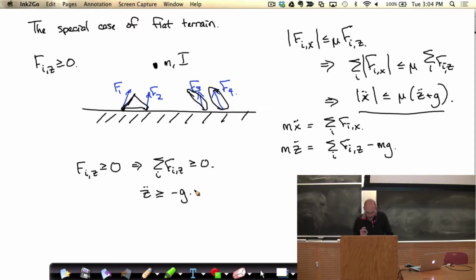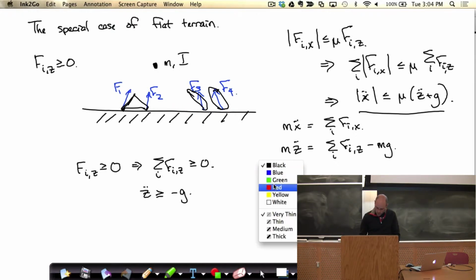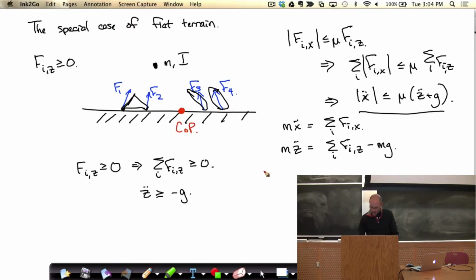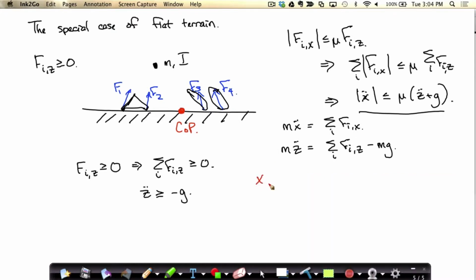Now there's another magic constraint, okay? There's a magic constraint that we'll define. So let's define a point on the ground here to be the center of pressure, okay? And I'll define that to be sort of a weighted average of these forces, okay?